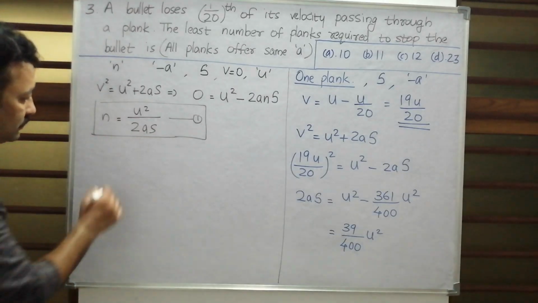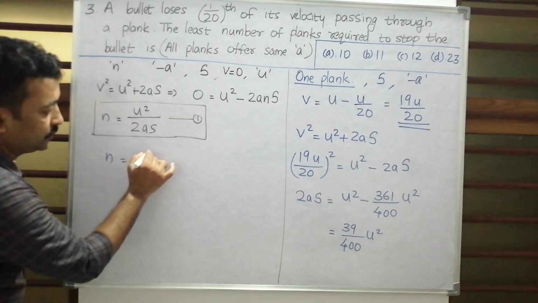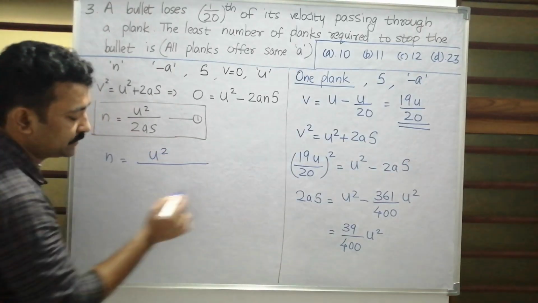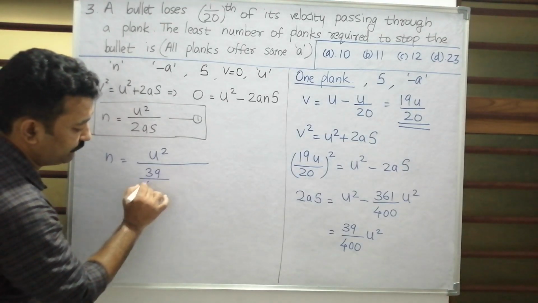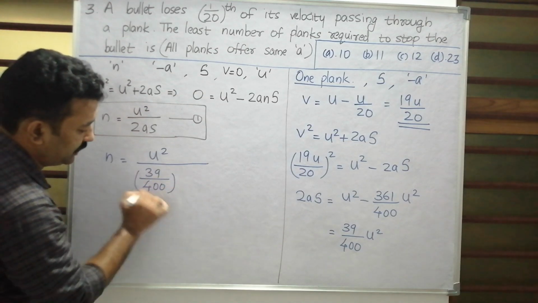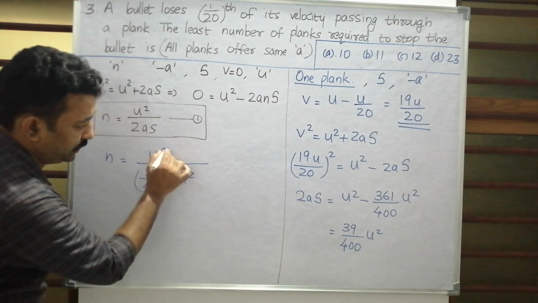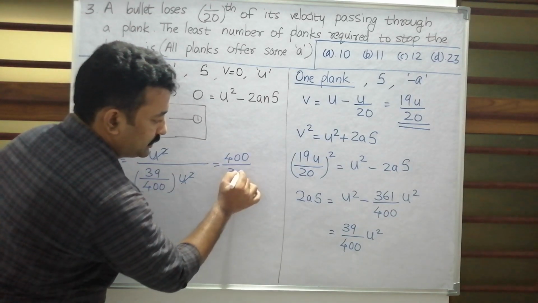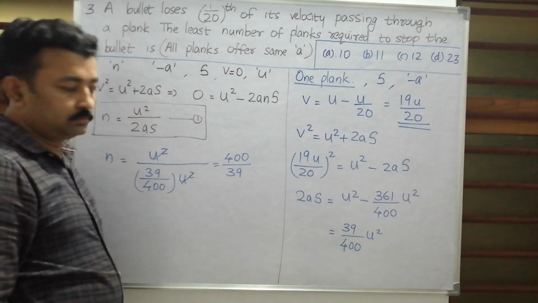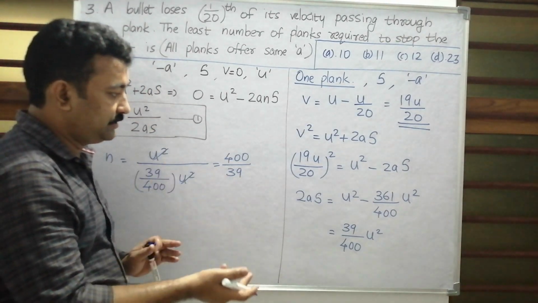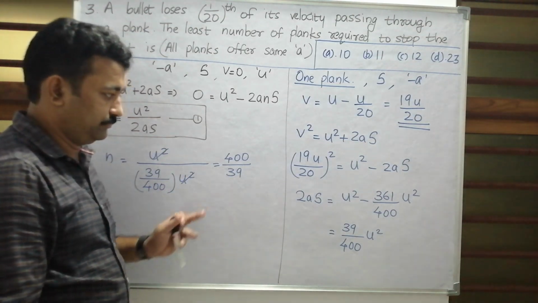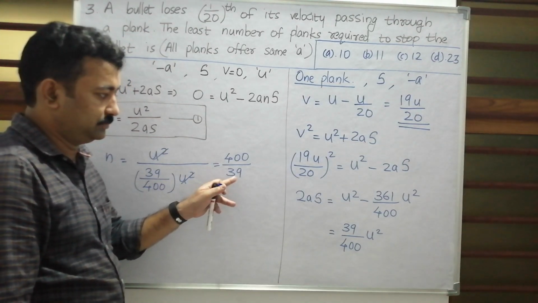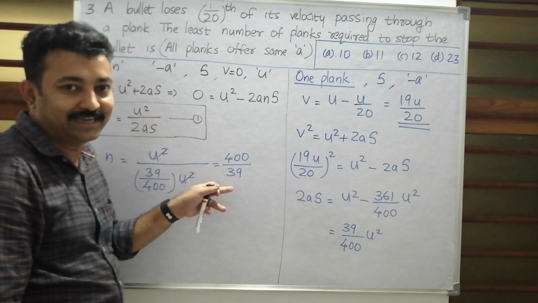Substitute here, my n will become u square divided by 39 divided by 400 times u square. U square cancels. This is 400 divided by 39. This is greater than 10, less than 12, because we know that 10 into 39 will be 390.